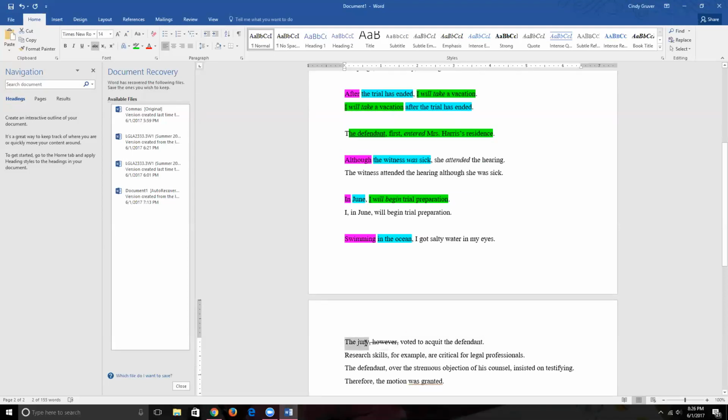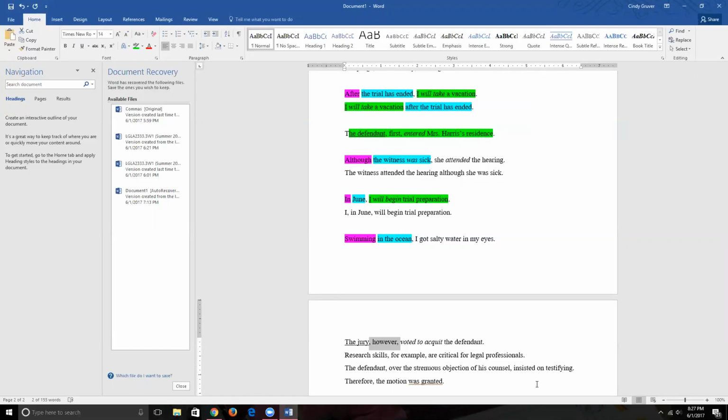Well, the jury is the subject. Voted to acquit is the verb. Does it express a complete thought? "The jury voted to acquit the defendant." Yep, it sure does. So we have an independent clause. Okay, and now we're going to add back our "however." Apparently, in a previous sentence, we said something that suggested this wasn't what was going to happen.